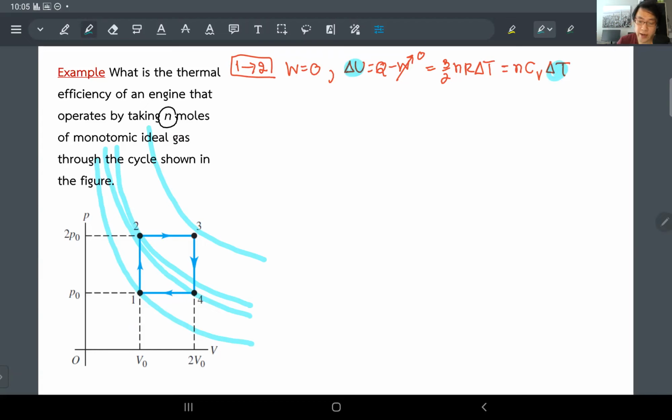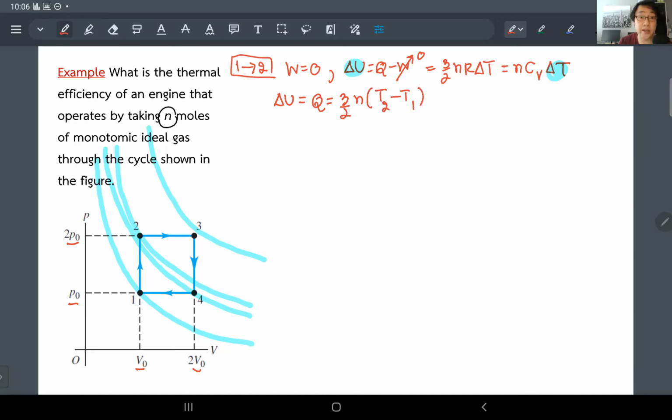All right, let's calculate. The n is given, and you can read the numbers from the scales along the X and Y axes. So delta U, which is Q, is going to be 3/2 n times T at 2 minus T at 1.